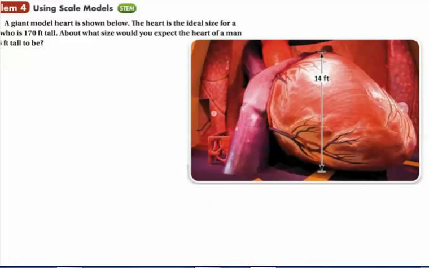Moving on to the last one, problem 4. A giant model heart is shown here. The heart is ideal size for a person who's 170 feet tall. About what size would you expect the heart of a man who is 6 foot tall to be?